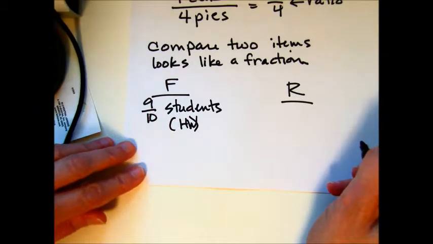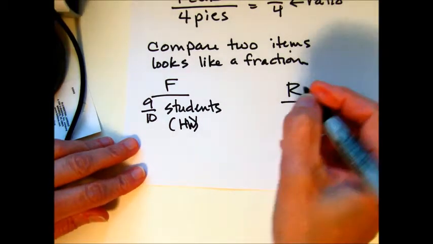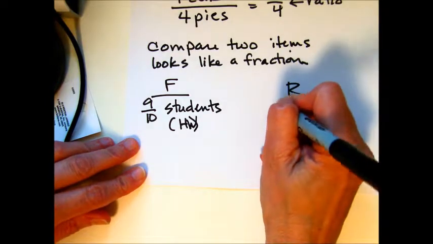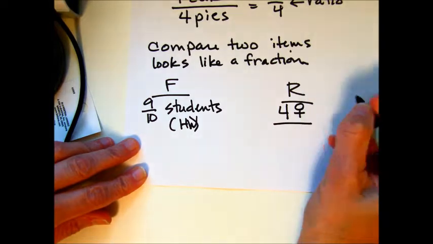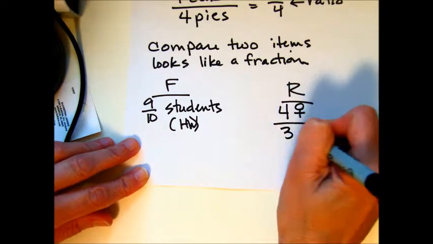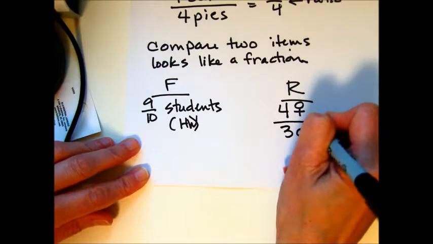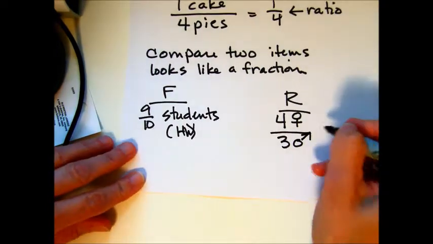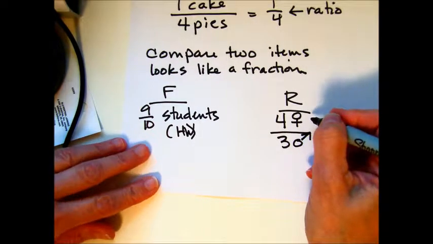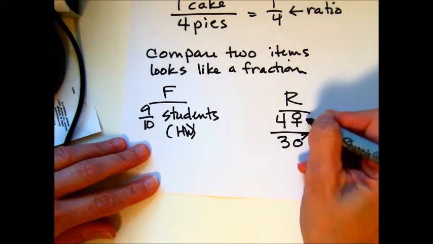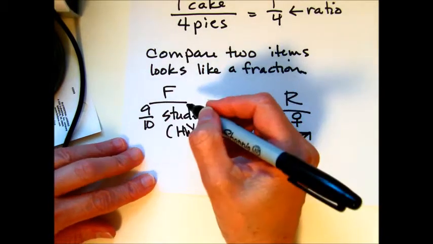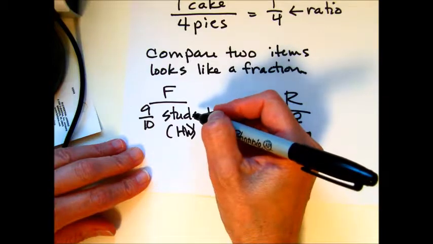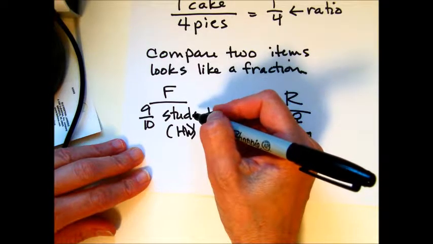And a ratio, let's say that in a class there were 4 females, and in that same class there were 3 males. Okay, so again, this is a ratio because we are looking at 2 values. The values are classified in some way. In this case, this is just a straight up fraction because we're just looking at the number of students that completed their homework.